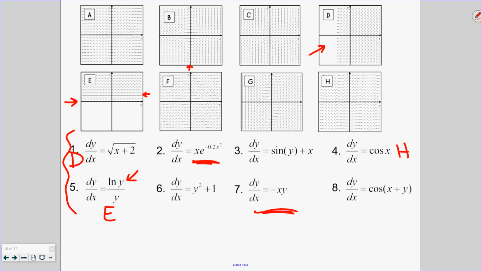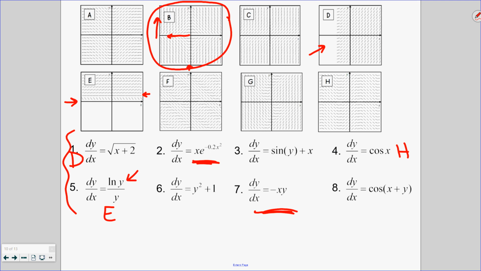So if I look at number 7, I have minus x times y is what's going to give me the slope. If I look at this graph right here, I can see that as x gets more negative, as I'm heading this way, and y gets bigger, I'm definitely getting bigger numbers.